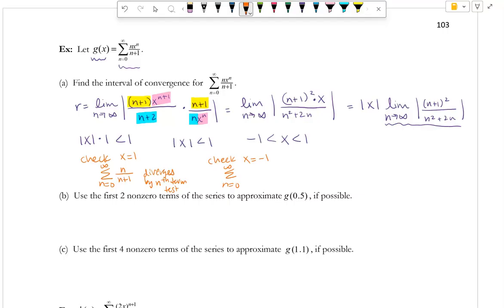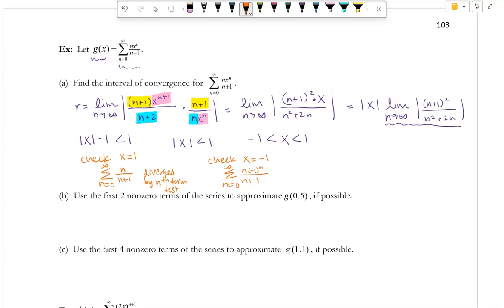If I do that, I'm going to have negative 1 to the n on top over n plus 1. Notice here, even though this is an alternating series, as n goes to infinity, the terms of this series are going to be oscillating back and forth between negative 1 and positive 1.